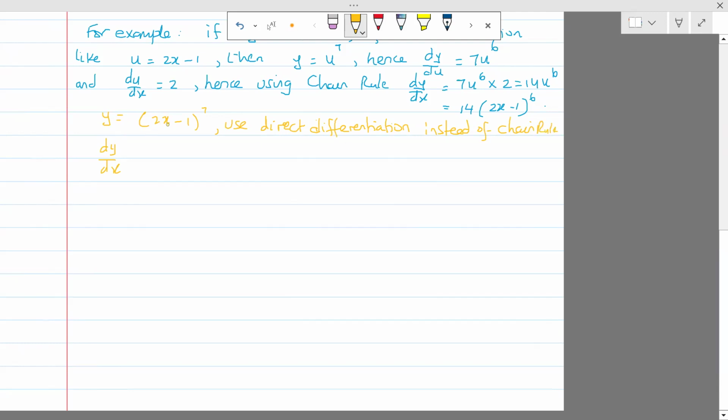What you have to do, you bring the 7 here. Then you have (2x minus 1) power 7 minus 1. And then you have to multiply by the differentiation of the variables inside the bracket. So 2x minus 1, the derivative of this becomes 2. So this makes it 14(2x minus 1) power 6, which is the same as this one. You get it exactly the same.